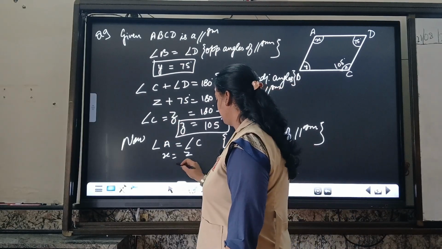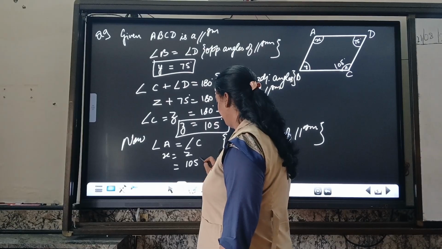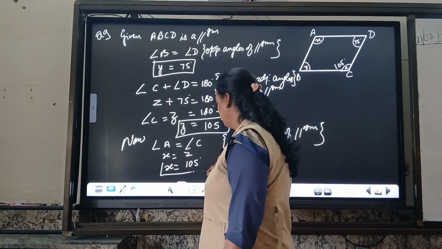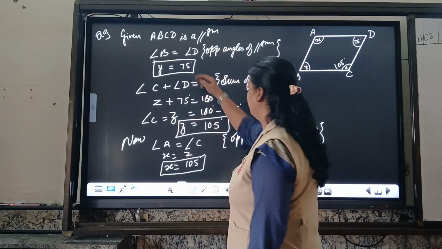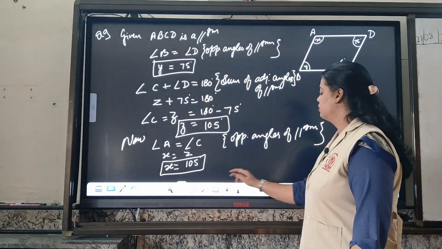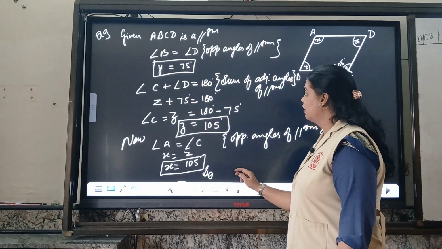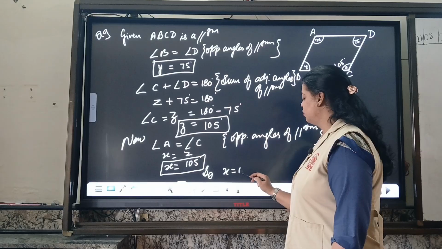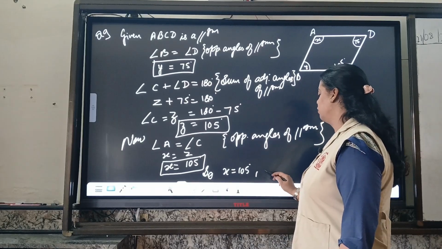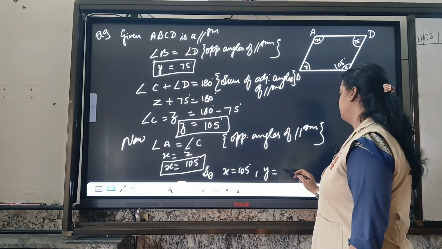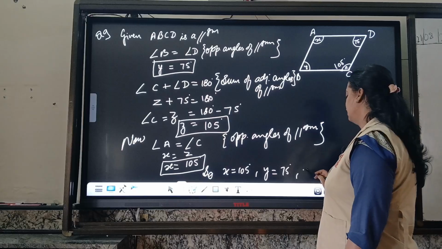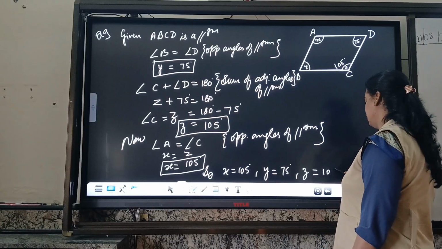So we have taken out the value of X. We have taken out all three alphabets X, Y, Z. So in the last line we will write X is equal to 105 degree, Y is equal to 75 and Z is equal to 105.